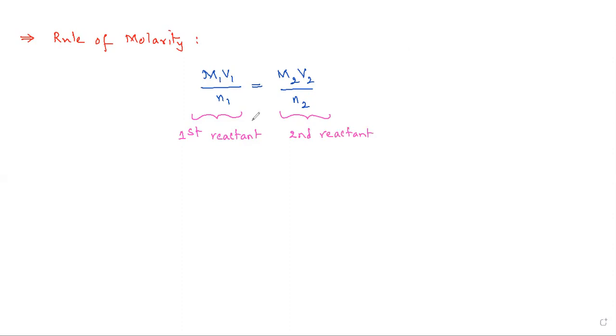Now, these reactants may be, suppose this is an acid, this will be a base. Likewise, if this is an oxidant, this would be a reductant, right? That way, molarity, volume, and number of moles of the first reactant, molarity, volume, and number of moles of the second reactant.